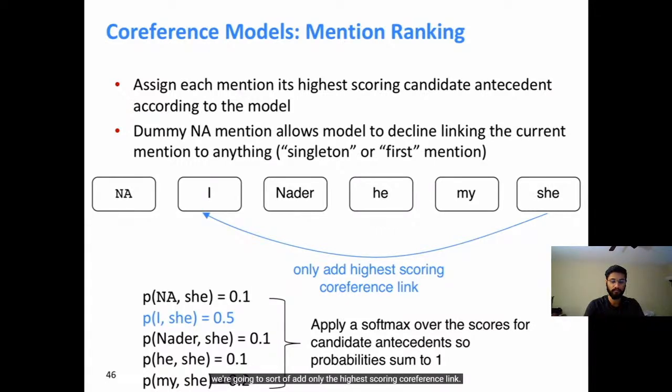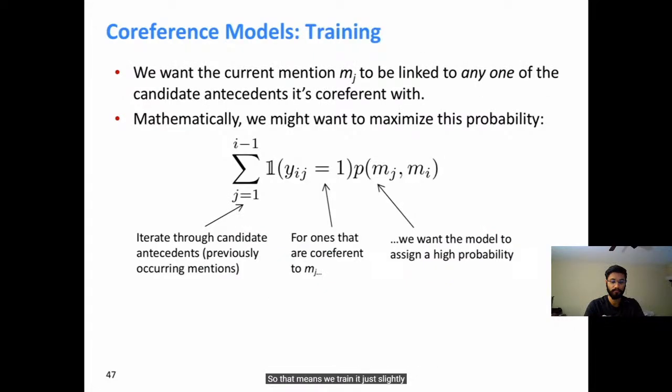So that means we train it slightly differently, because now what we want is a high score of co-reference between at least one of the antecedents. One possible model is to maximize this probability.